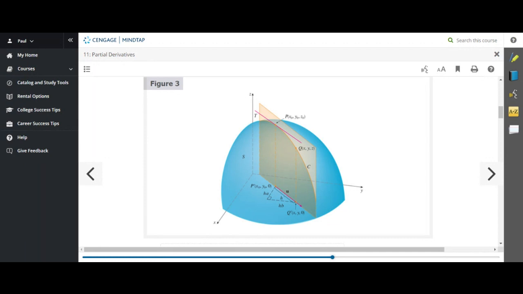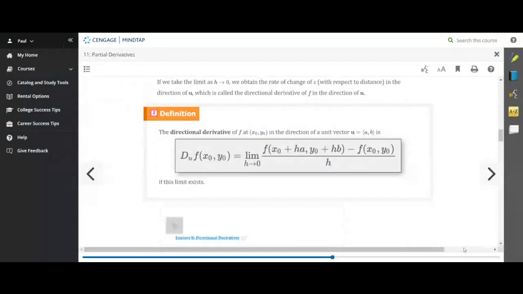So that means the directional derivative, starting at the point x sub 0, y sub 0, which would be the slope of that tangent line t, we would find by computing the directional derivative you see there. Is that definition okay? All right, good, good. Are there any questions so far?